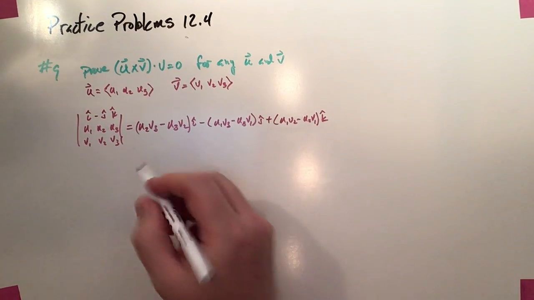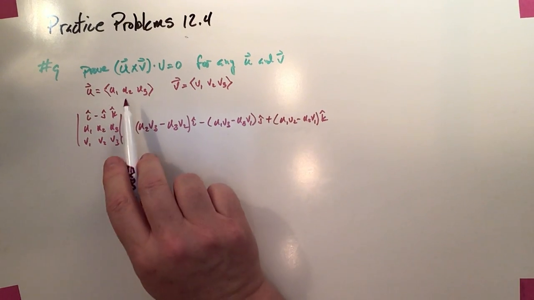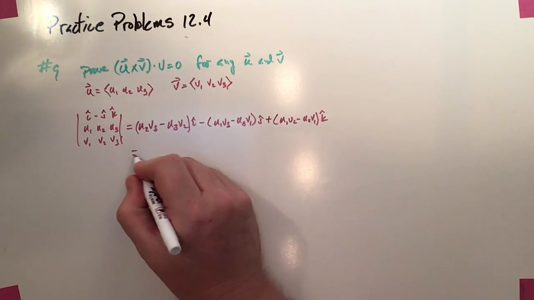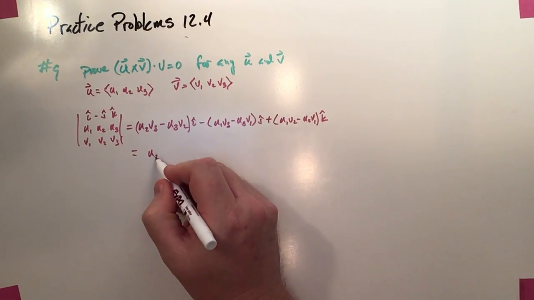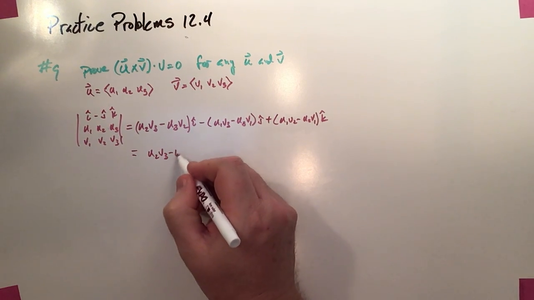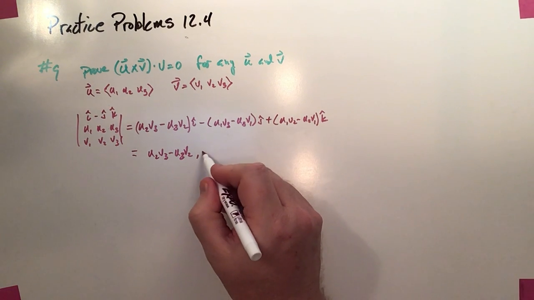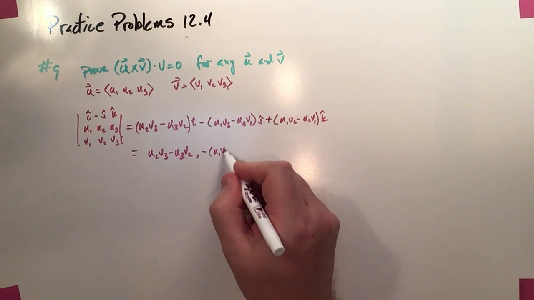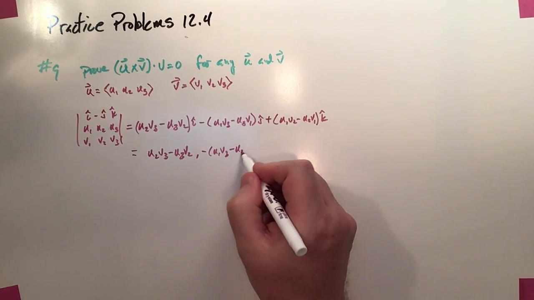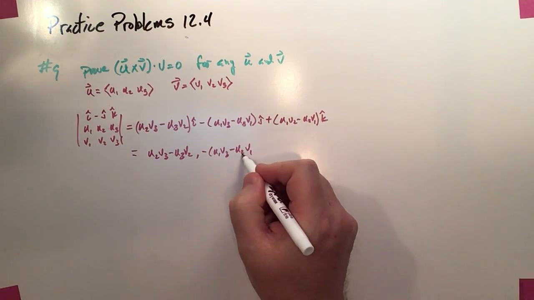Okay, so the vector that represents the cross product of u cross v is going to be u2 v3 minus u3 v2, comma, negative u1 v3 minus u2 v1. Oh, u3 v1.